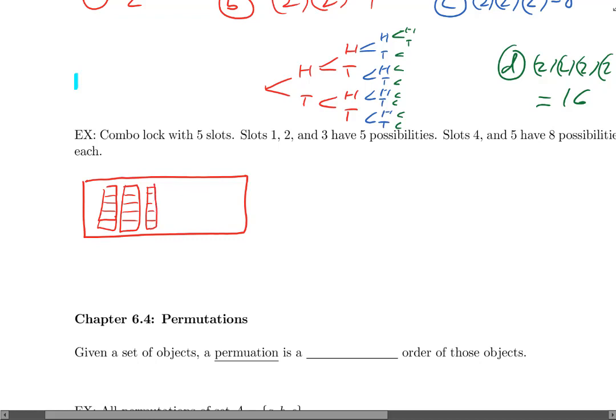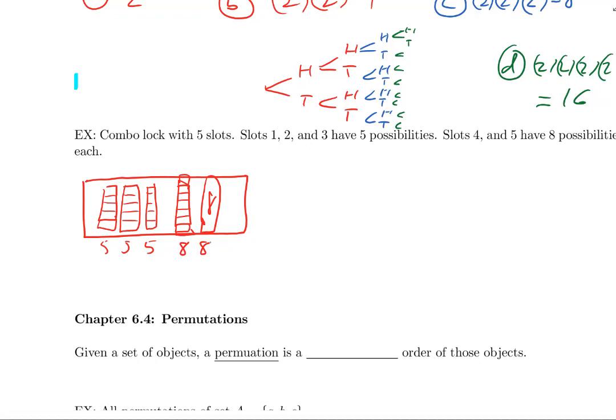Okay, that's 5. And then slots 4 and 5 have 8 possibilities. Okay, ran out of space, but you get the idea. And then you have another one over here that also has 8. So we got 5, 5, 5, and 8, 8 possibilities, just different things to make the right combination.